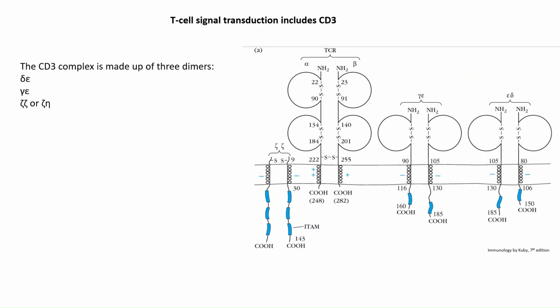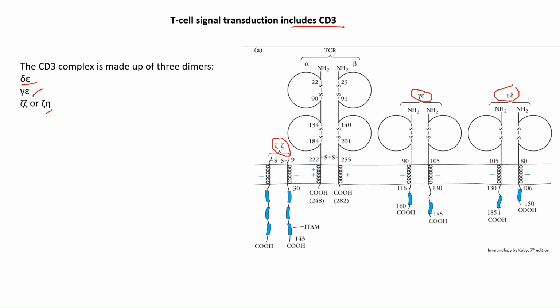So now T cell signal transduction includes CD3, as we all know. Now CD3 is made up of three dimers. Either it will be of delta epsilon or gamma epsilon or zeta zeta type. So it is of three types, as you can see here also in this diagram. This is one type, this is another type, and this is the third type.